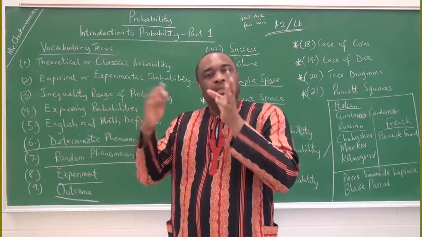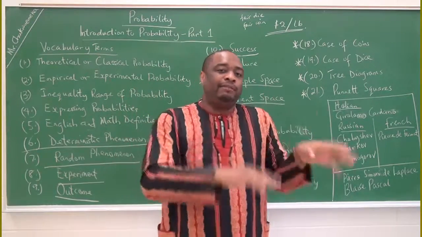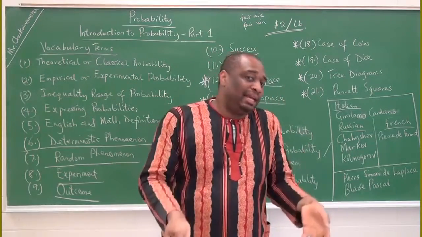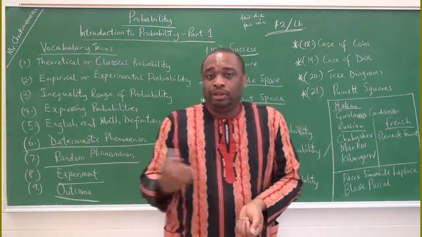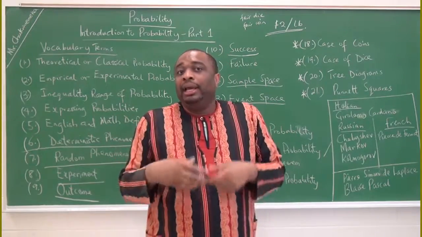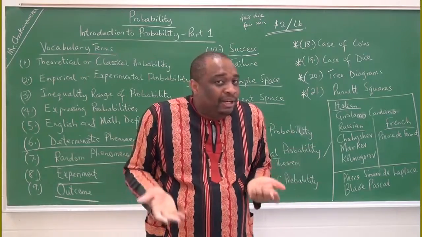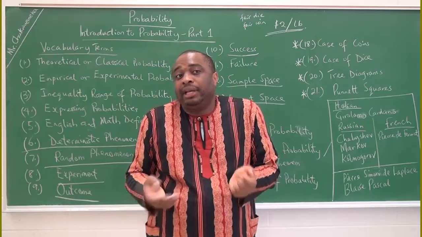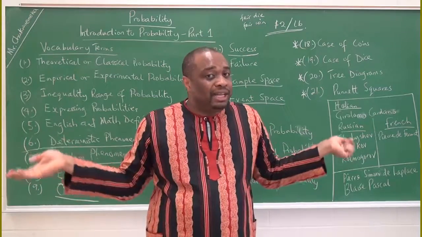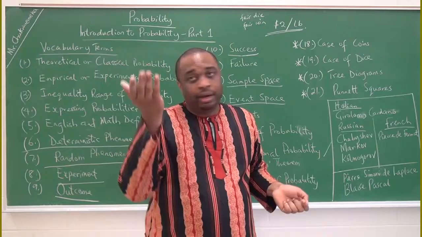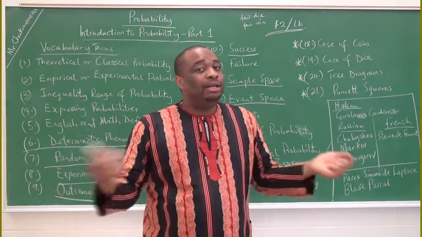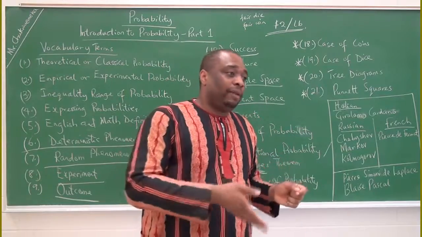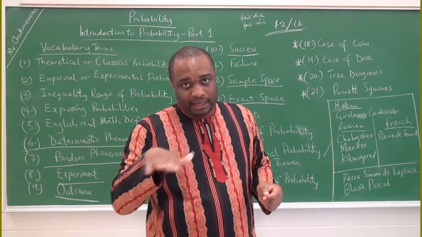In some events, all the outcomes have an equal likelihood of occurring. Just like when you toss a fair coin, the probability of the head occurring is the same as the probability of the tail occurring. No one has more advantage than the other. When you toss the coin, it could land on the head or on the tail, assuming it doesn't land on its side, which is very unlikely, because it will land on a flat surface.